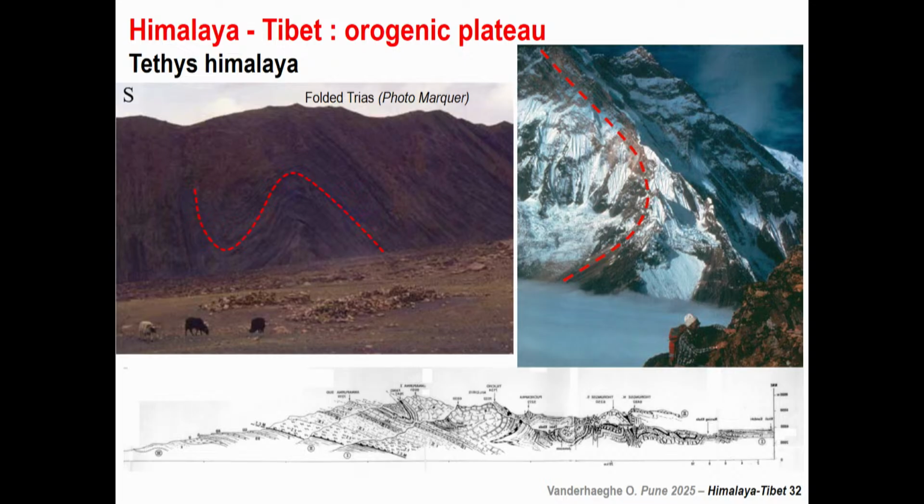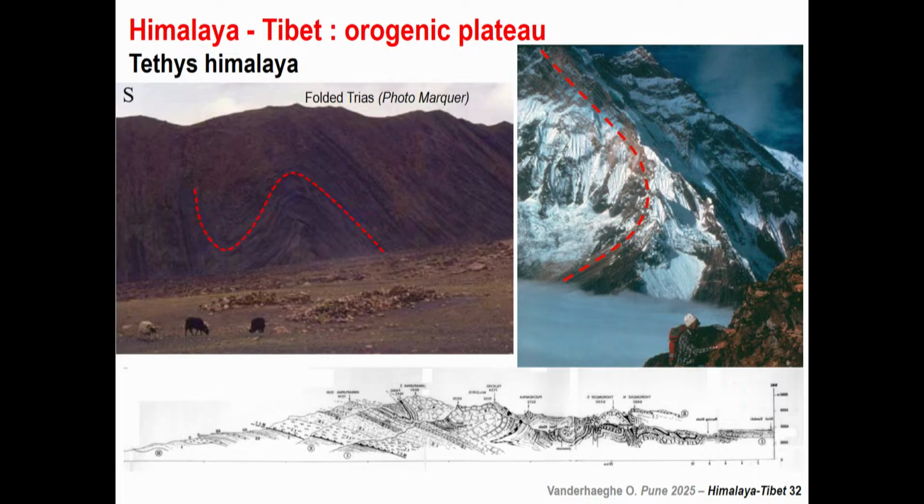And you see, okay, so this can be reconstructed probably in as much detail as in the Alps. There haven't been so many geologists in this area as in the Alps, but the first order structure I think is fairly easy. If you accept the climbing, it's easy to reconstruct.